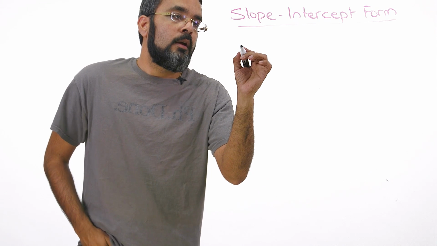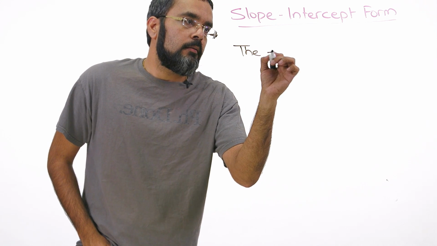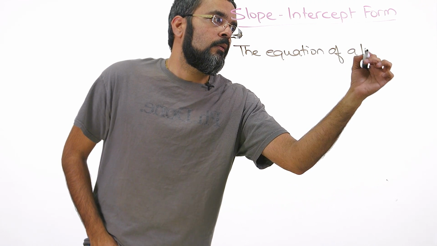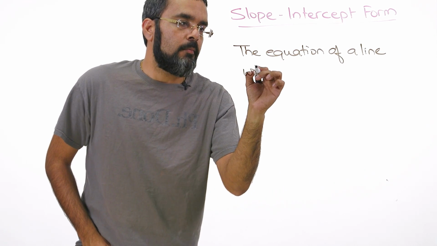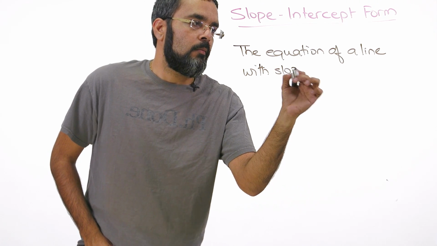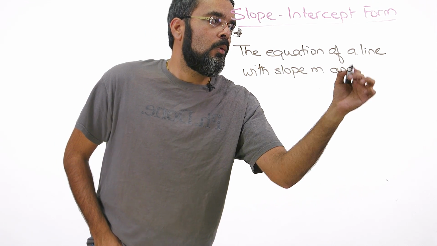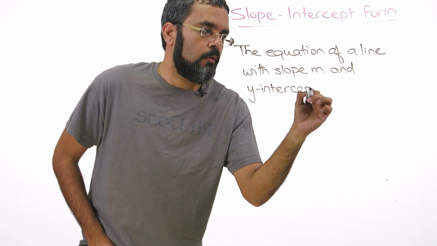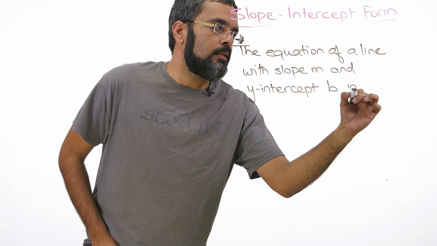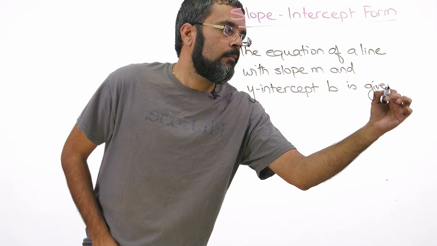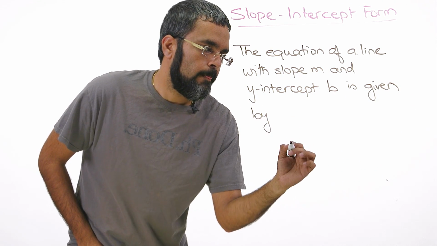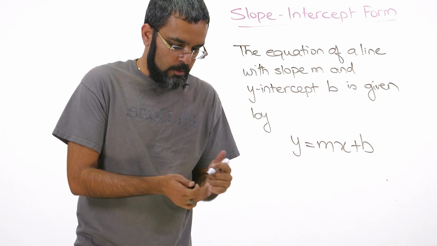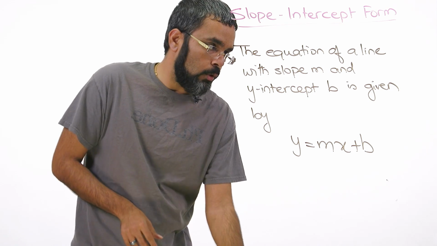The equation of a line with slope m and y-intercept b is given by y equals mx plus b. So y equals mx plus b is your slope-intercept form.